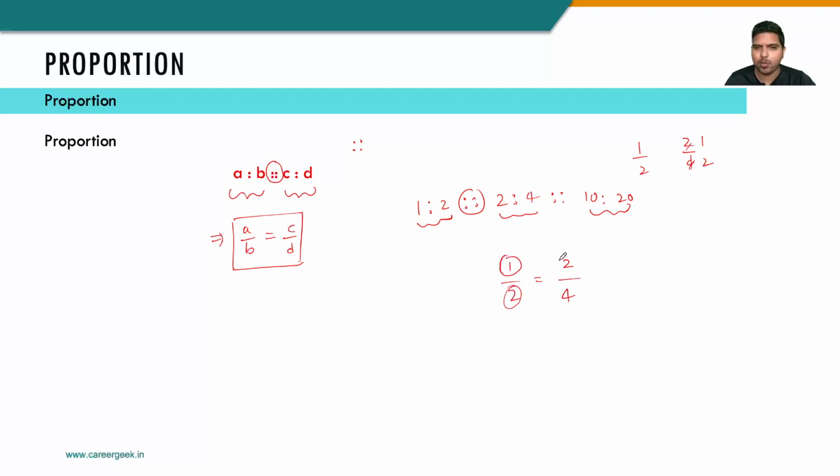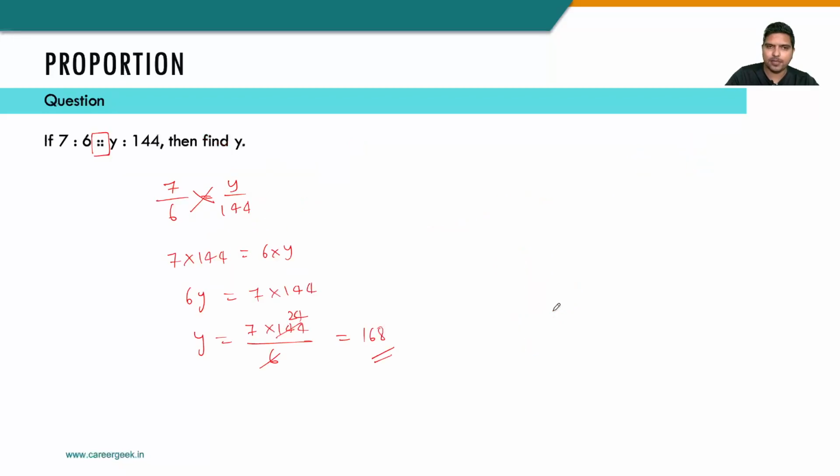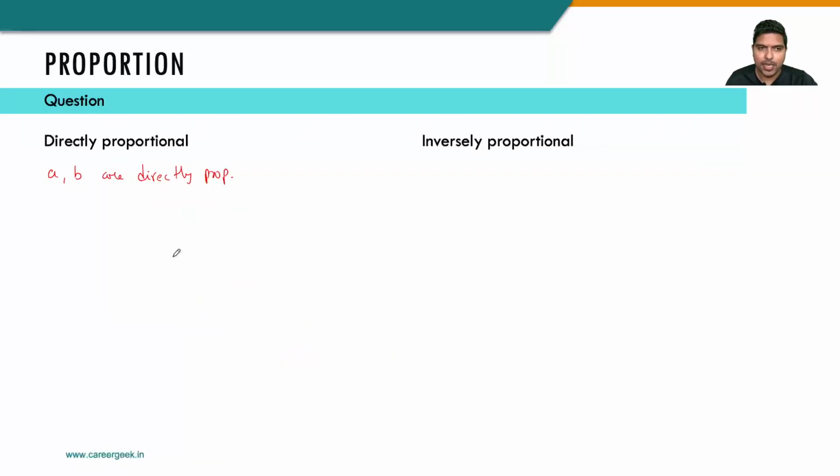Let's say 1 and 2 are proportional with 2 and 4. If the corresponding one value is increasing, the corresponding 2 value is also increasing. Okay. Similarly, in direct proportion, whenever one value increases, the other value increases. So that is when they are called directly proportional to each other.